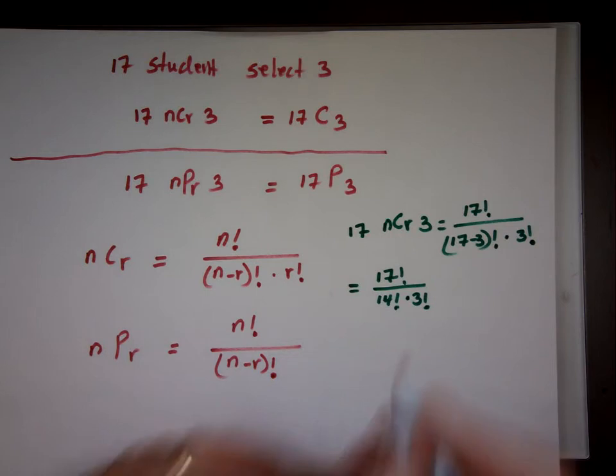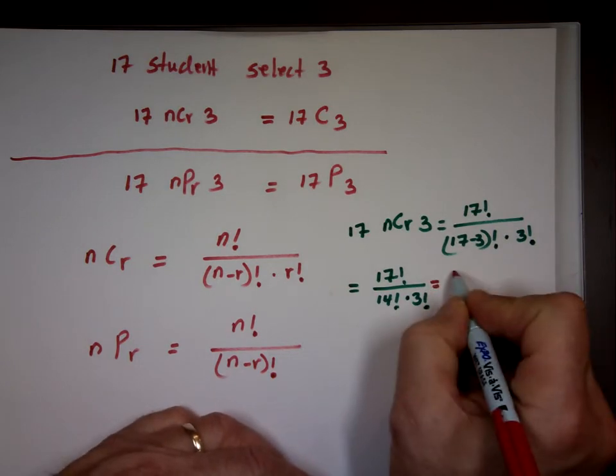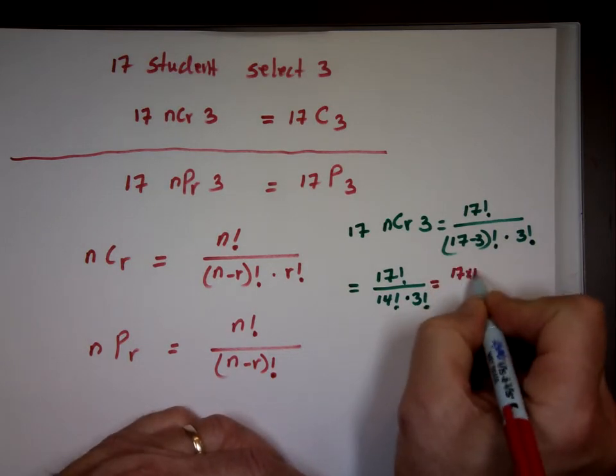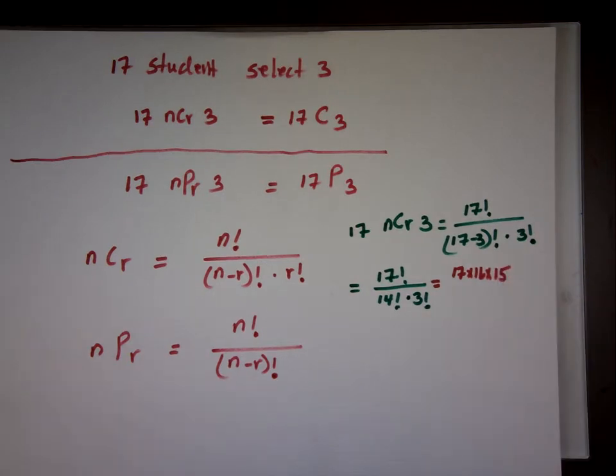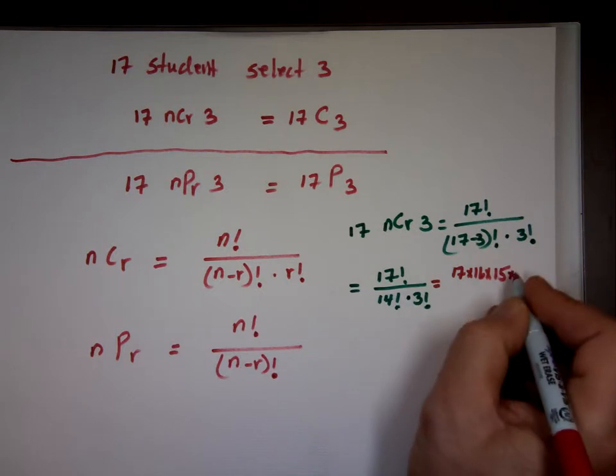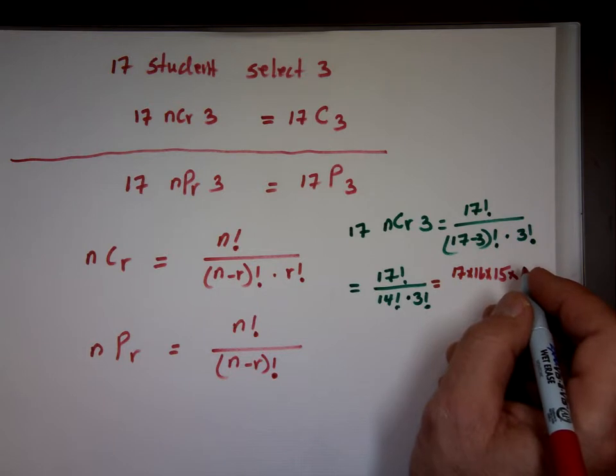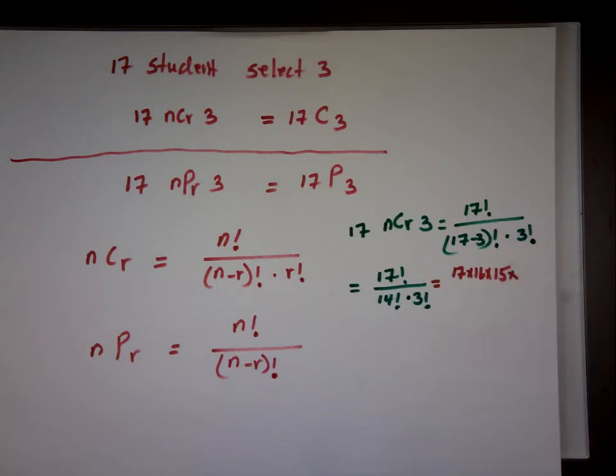What's 17 factorial? Isn't that 17 times 16 times 15 times 14, 13, 12, 11, 10, 9, and so on?